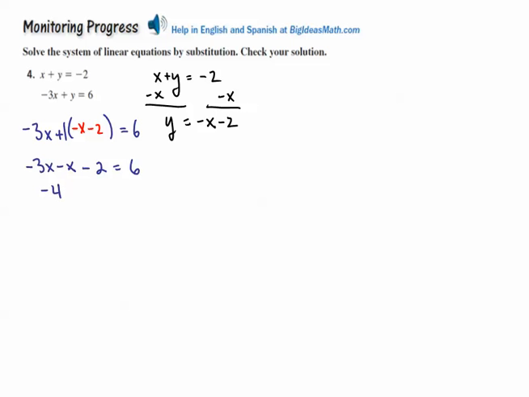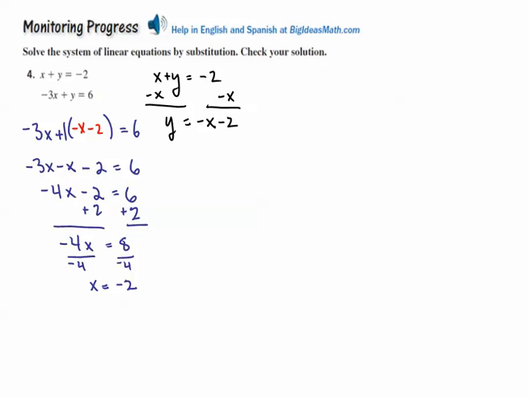Combining like terms, I get negative 4x minus 2 equals 6. I'm going to add 2 to both sides, and I end up with negative 4x is equal to 8. Dividing by negative 4, x is equal to negative 2.